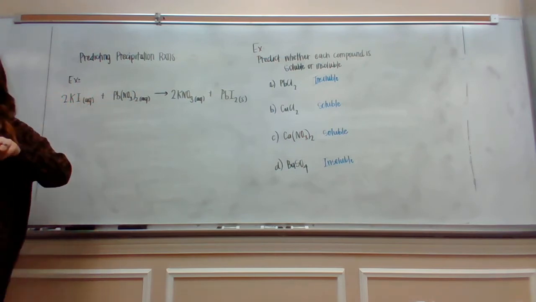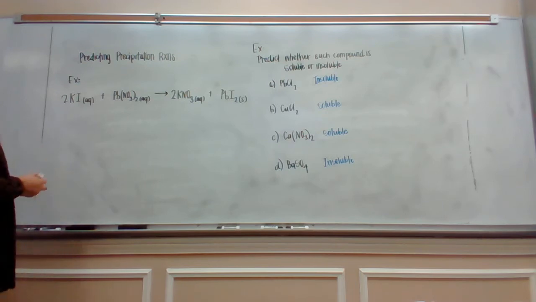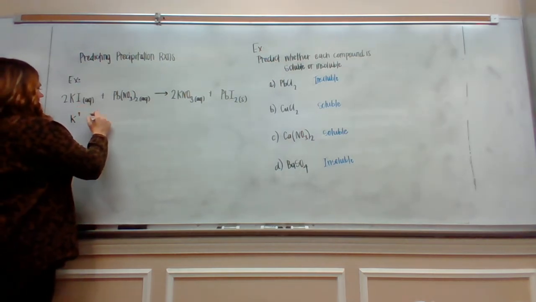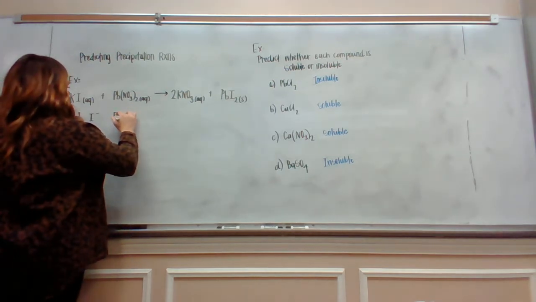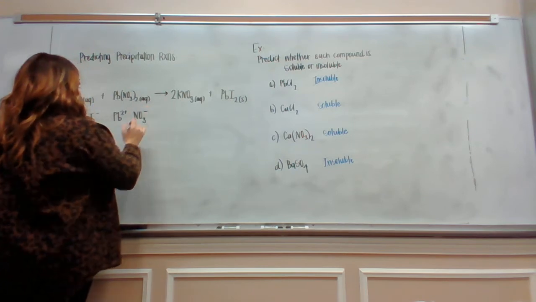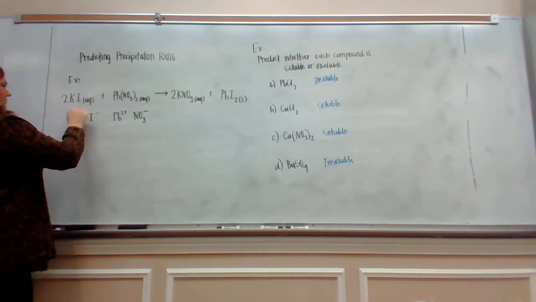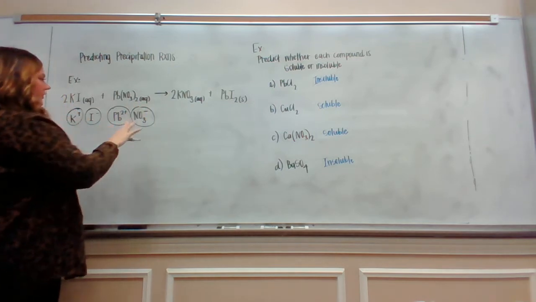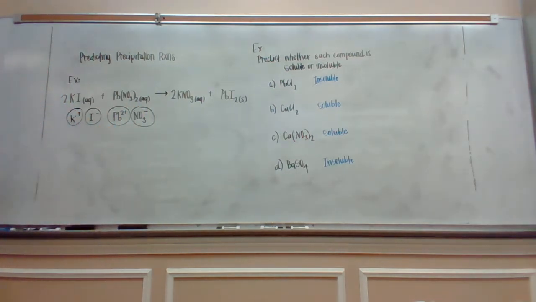Because they are ionic and they are soluble, in solution, this is what they look like. They're all broken up. They're no longer together as potassium iodide or lead 2 nitrate.